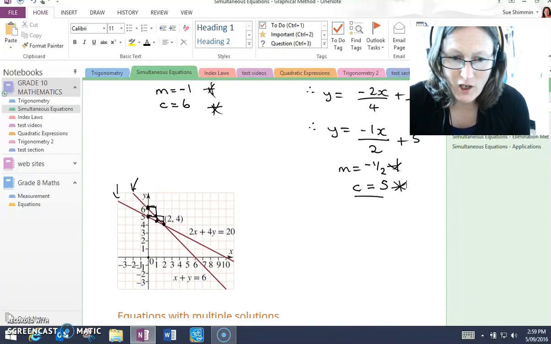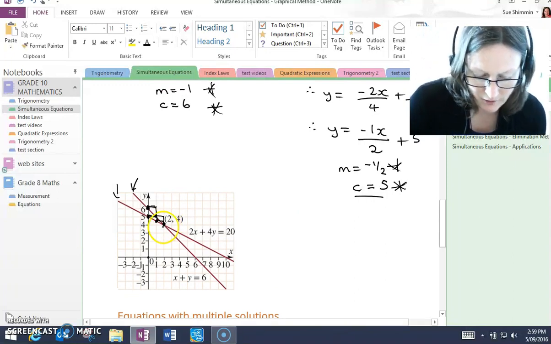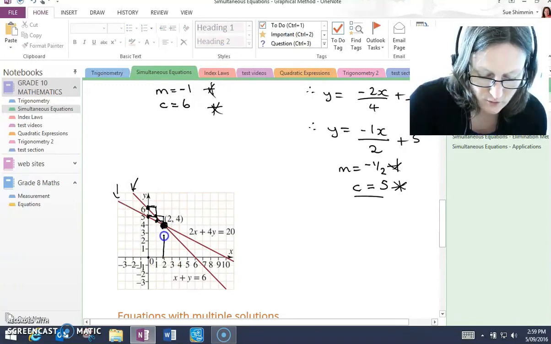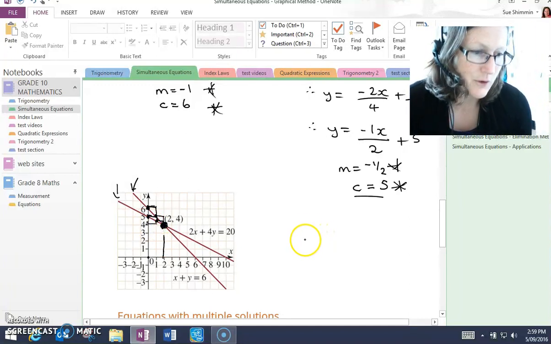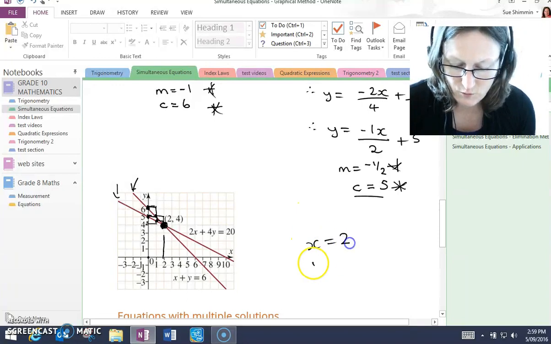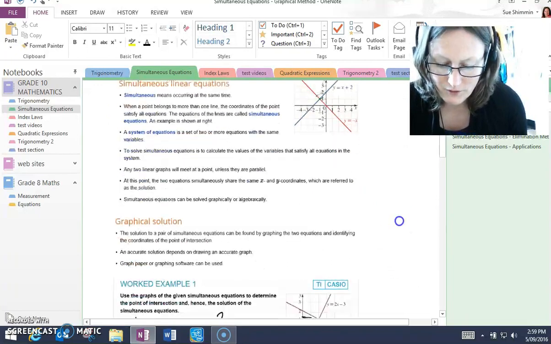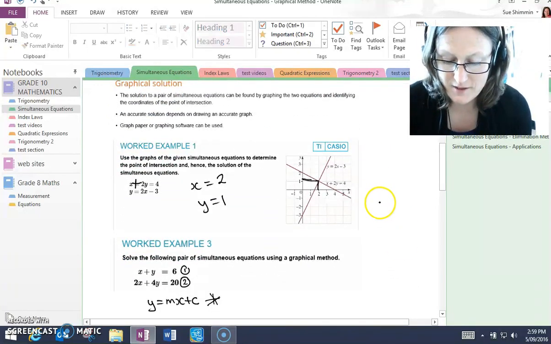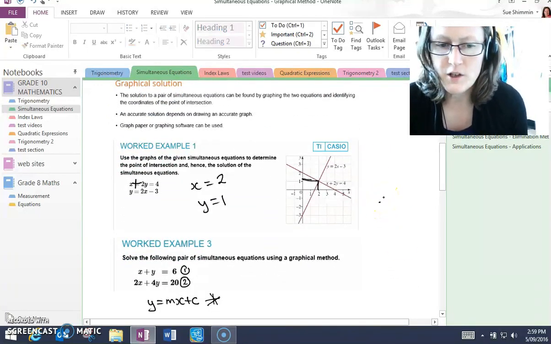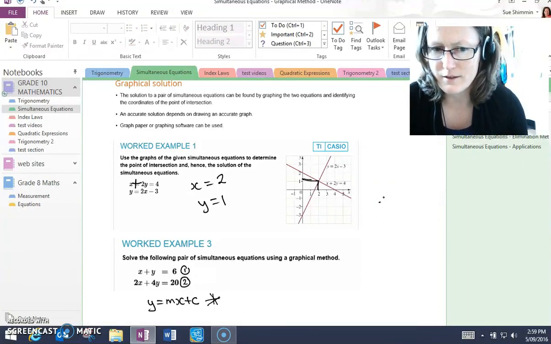So I have scribbled all over it now, but I think you can see that at this point here, the two lines intersect, and at that point, x is 2 and y is 4. So the solution for this equation is x is 2, y equals 4. It involved a little bit more work than the first worked example, where the lines were already sketched, and we just needed to read off the sketch where the two lines intersected.